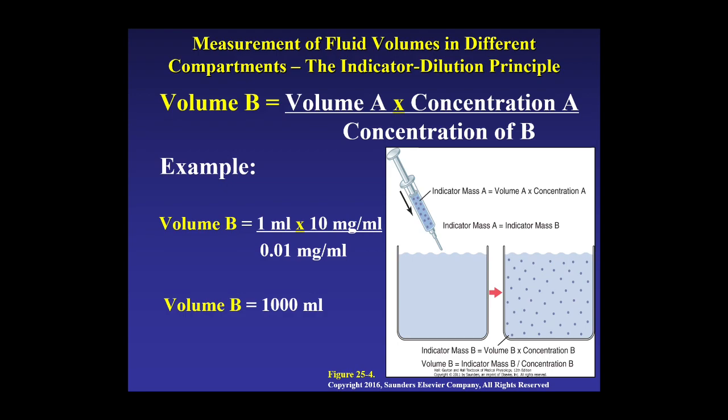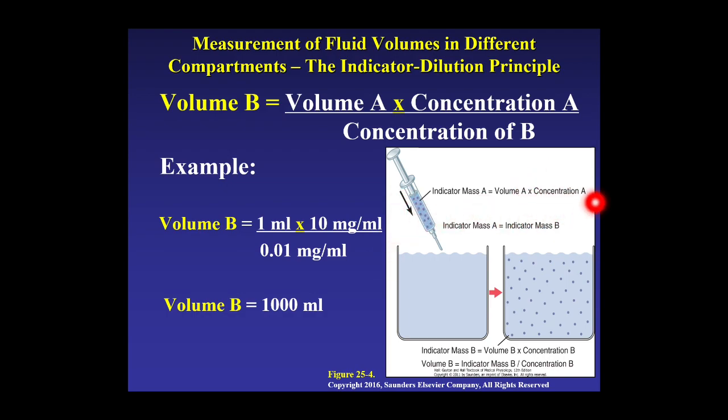Now I have here a syringe with an indicator in it. I know how much volume I have here, and if you have seen a syringe, there are numbers on it, so you can tell how much volume you have in there. So I know the volume of this indicator, and I know the concentration of this indicator in the syringe. So the mass of the indicator is equal to the volume times the concentration.